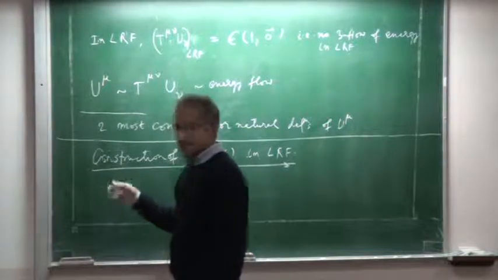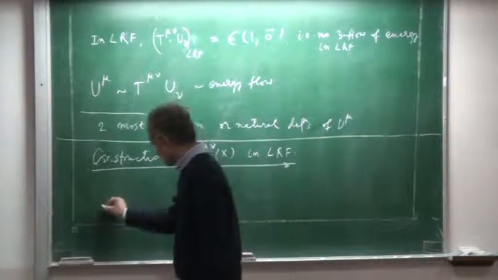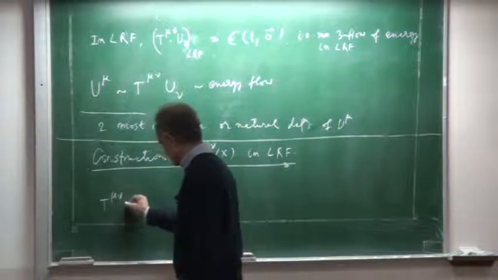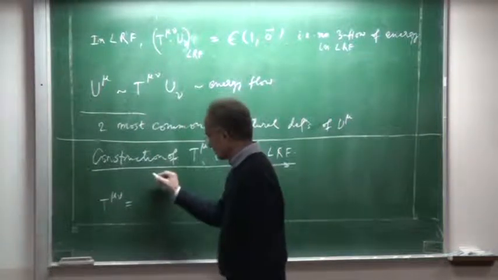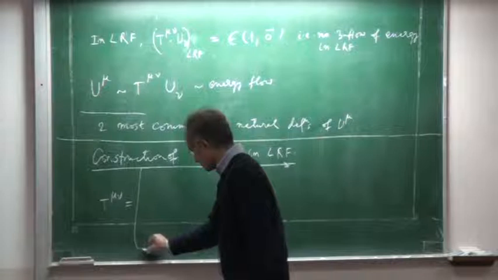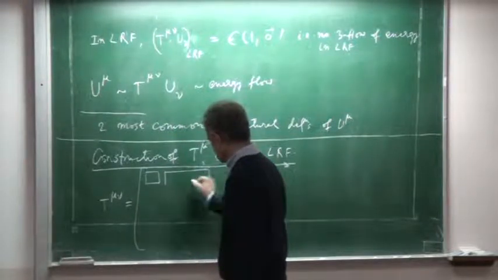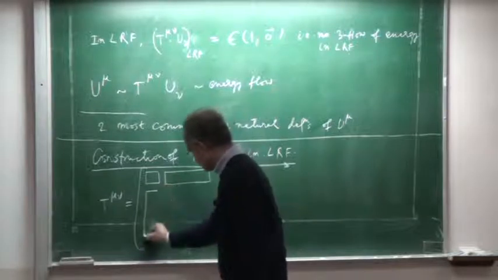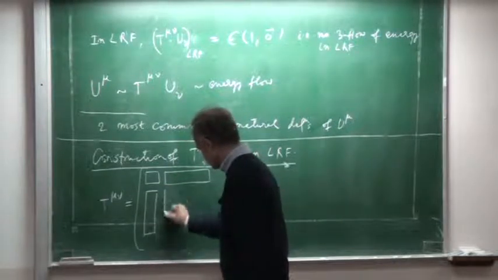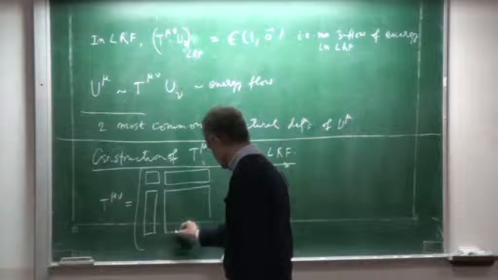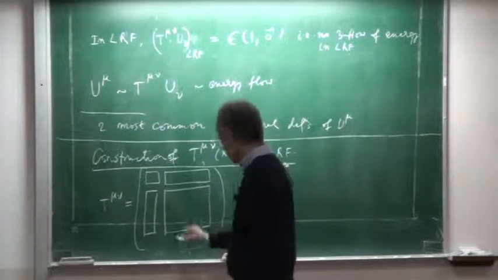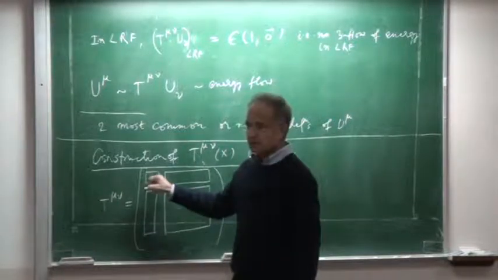So again, remember the definition of T mu nu in the kinetic theory framework. It was a 4x4 matrix. What was the element here?